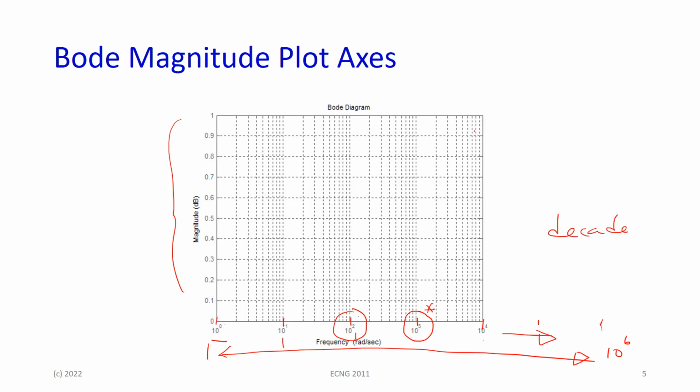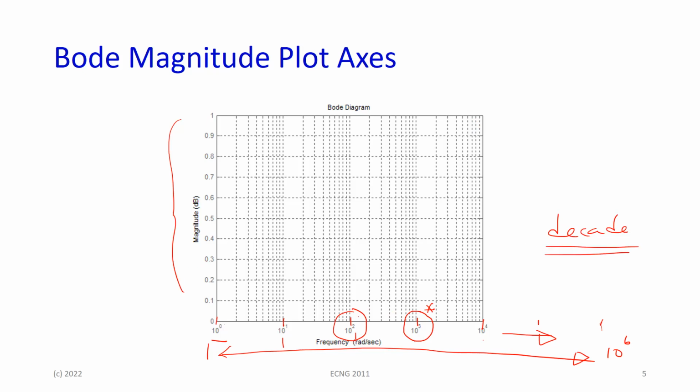So any frequency interval where the upper bound is 10 times the lower bound, you call that span a decade. So by using a log scale, we actually plot the frequency scale in decades.